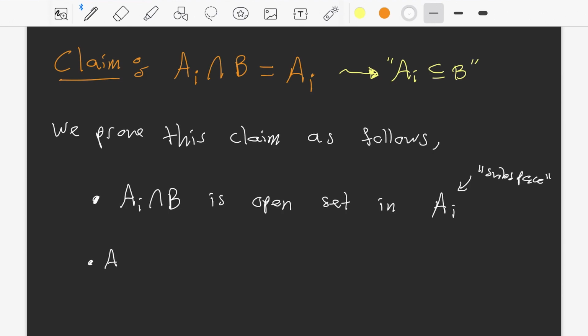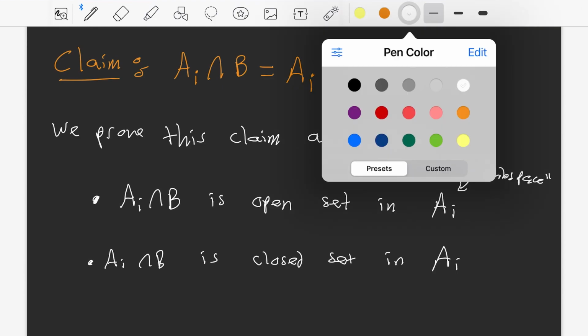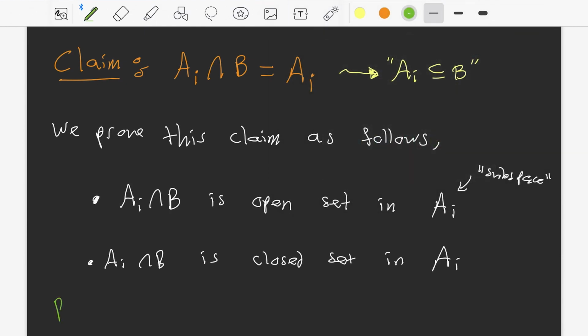Similarly, A_i intersection B is closed, because remember we said that B is also closed. Now we know something that we can use: A_i is connected.